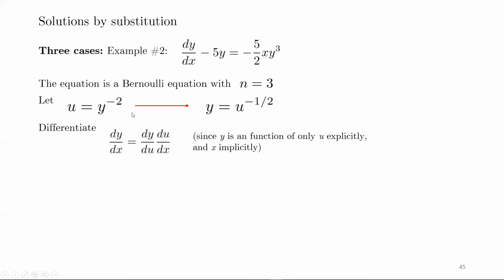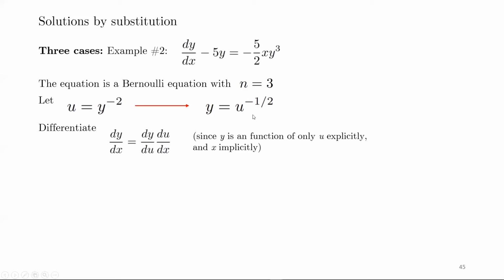I can rearrange that for y. So I can just take the square root of both sides, or let's say the negative square root of both sides. Then I would simply get y is equal to u to the power of negative a half. Okay, so then I can differentiate this to find dy/dx.